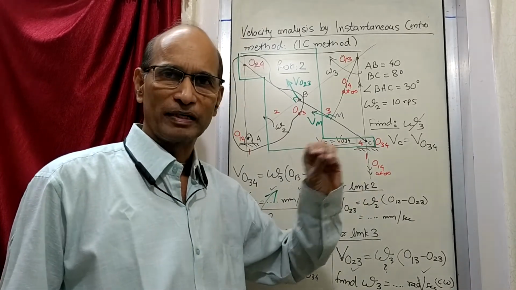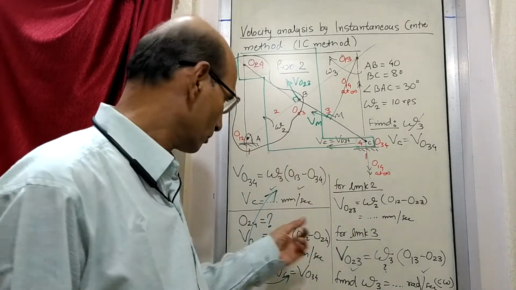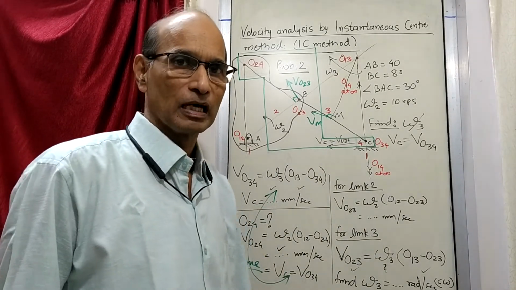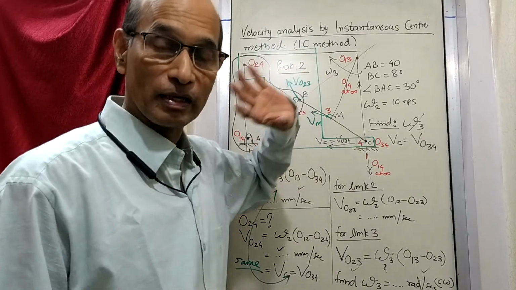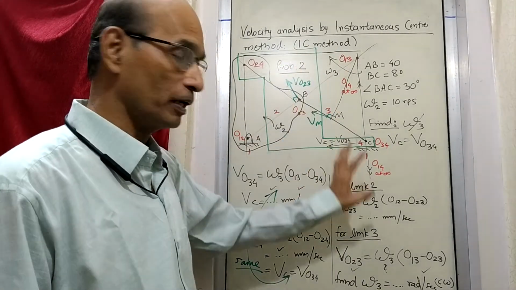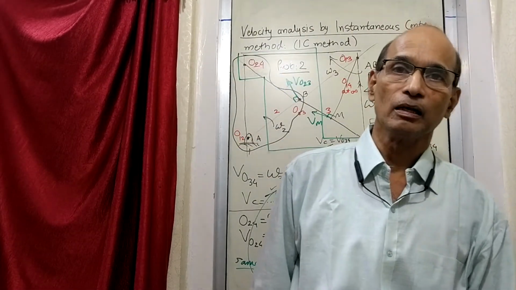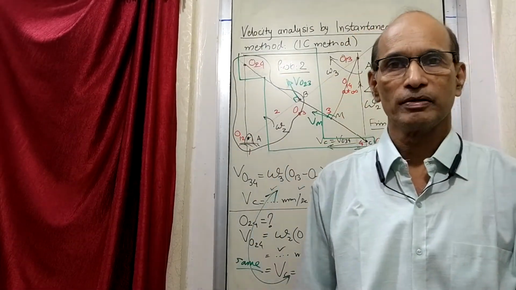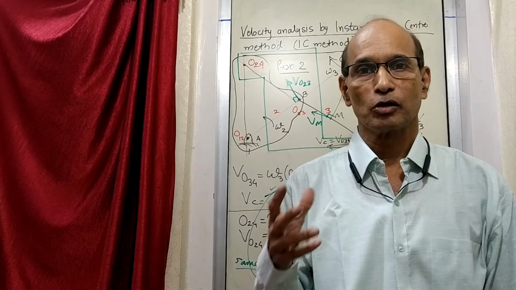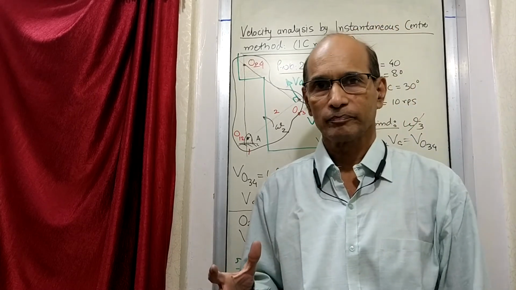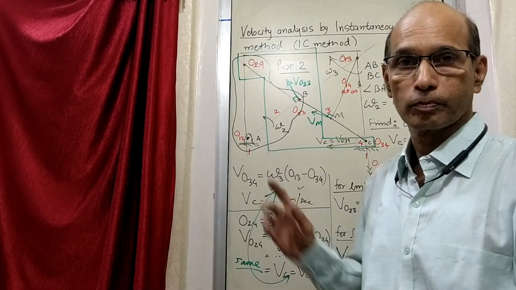So about 5-10% inaccuracy will be there. We will get the answers in the same range. So these are the two problems: problem number 1 which we had done last time, and problem number 2 here. These two problems we will be solving for the practical on the IC method. So whenever the next practical is, during the actual practical that will be conducted, we will be solving these two problems.